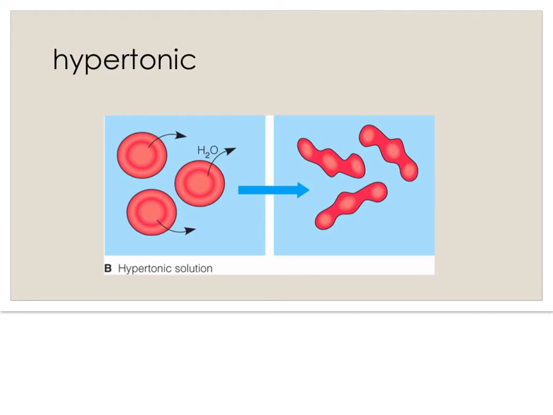The last type of solution that we're going to talk about is called a hypertonic solution. And again, you can see what's going on here when you give a hypertonic solution. Initially, it'll expand and raise the osmolality of the extracellular fluid, but then, because of this, it can potentially dehydrate or shrink the cell.